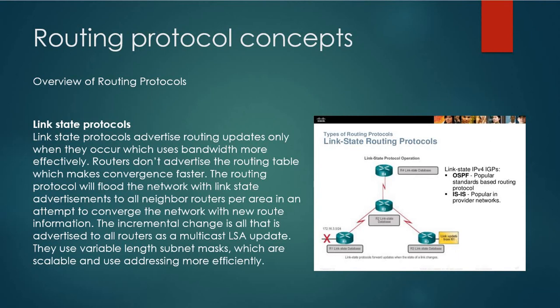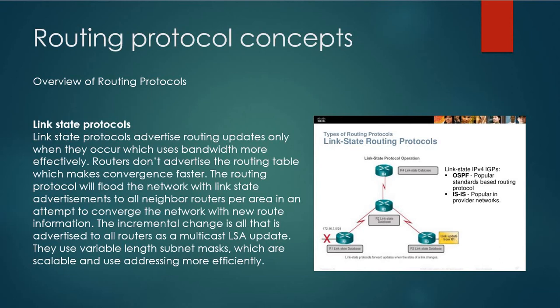This update is based on multicast, not broadcast. In the distance vector, it broadcasts all this information in some interval of time, so it consumes lots of bandwidth. It's not efficient and does not use the bandwidth effectively.